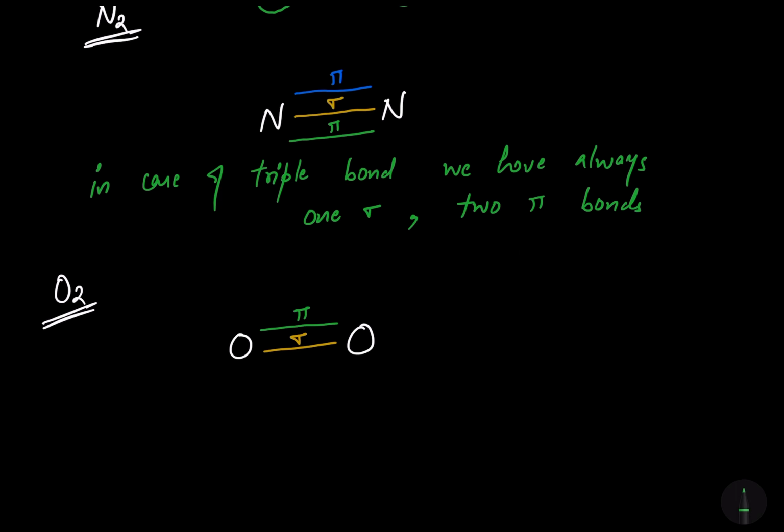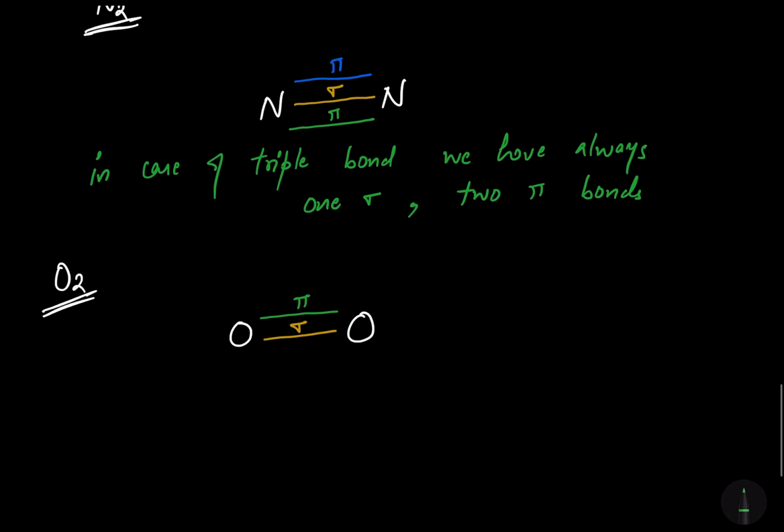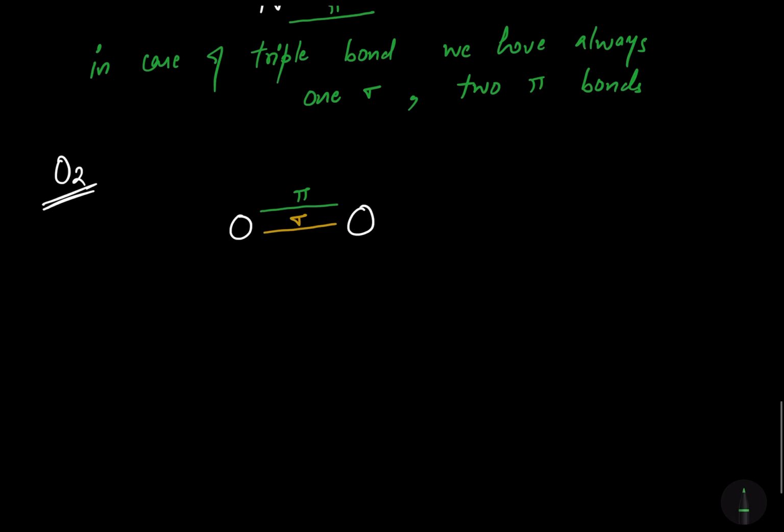It's 2p4. So out of 2p4, the 2 electrons will be in the one orbital. So that orbital is completed by the 2 electrons. So that means the 2p orbitals will be engaged in forming the 2 bonds, out of which one will be sigma and the other will be the pi. And in case of single bond, it's always a sigma.